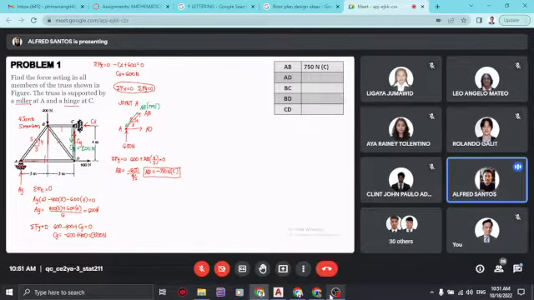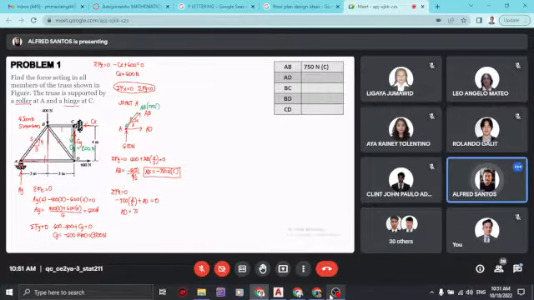Nagigets niyo? So, pag nag-summation Fx tayo ngayon is equal to 0. So, you have your negative AB which is 750 times 3 over 5. So, bakit naging negative siya? Kasi papunta na siya sa kaliwa. Okay? And then, positive AD is equal to 0. So, what's your AD?